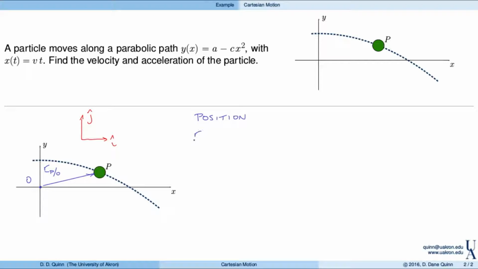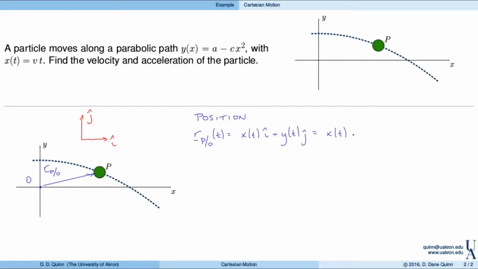As a result, the position vector P with respect to O can be written as x of t in the i direction plus y of t in the j direction. So we'll use the coordinates x and y to describe the position. And then along this path, y is given as a function of x.